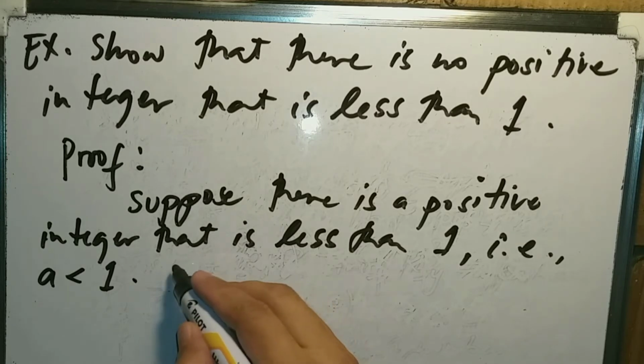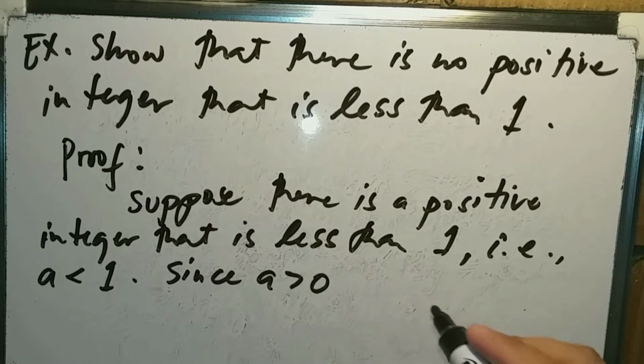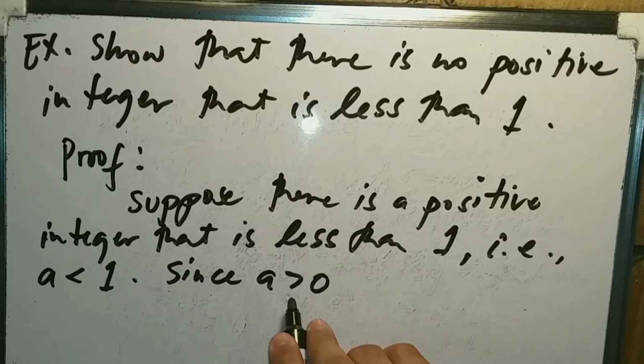So since a is greater than 0, I use the hypothesis that we have a positive integer. So a positive integer is always greater than 0.